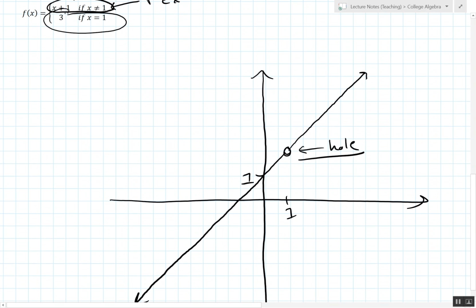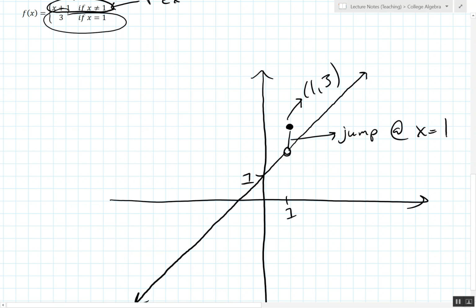So we go out to 3 here and we fill in the dot. And this is the point (1, 3). So now we don't have a hole in the graph. We now have a jump at x equals 1. And this is actually known as a jump discontinuity.